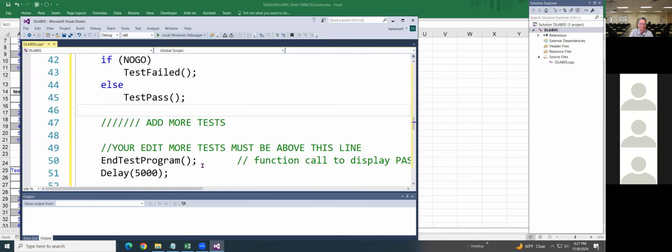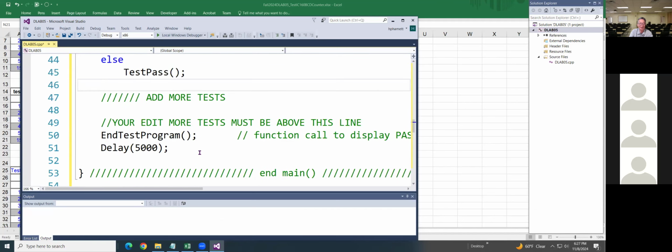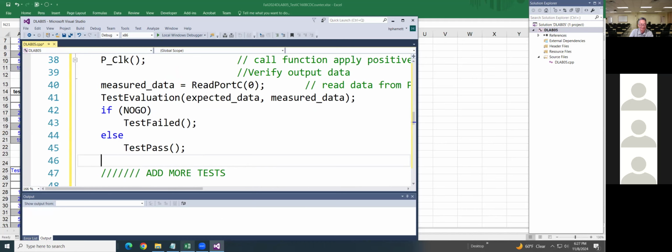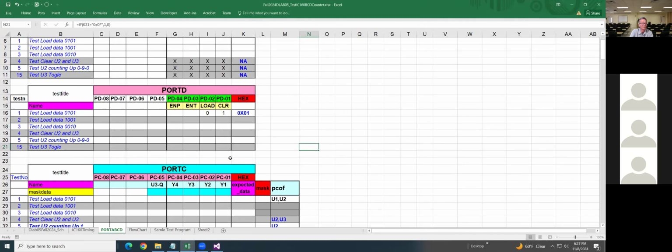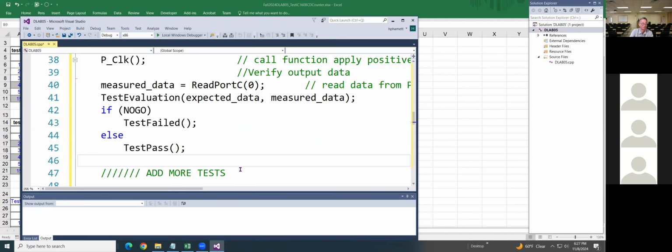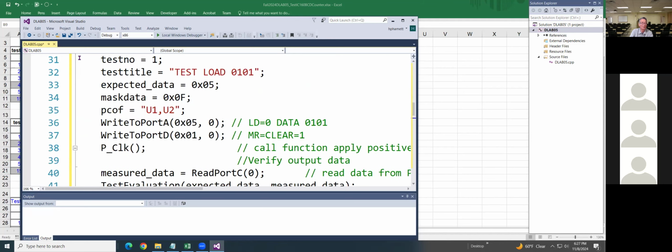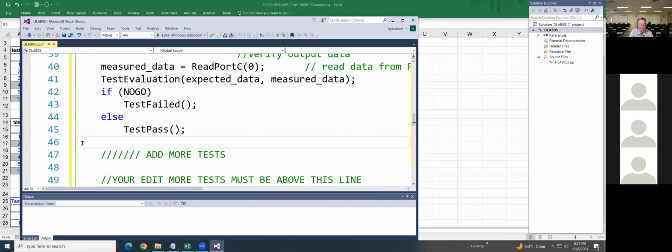Now, if I want to test for that clear, I copy that.